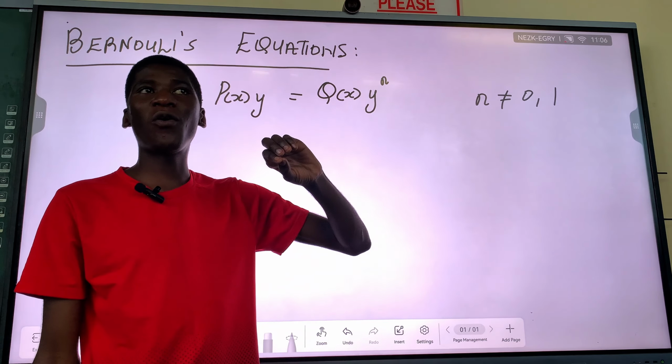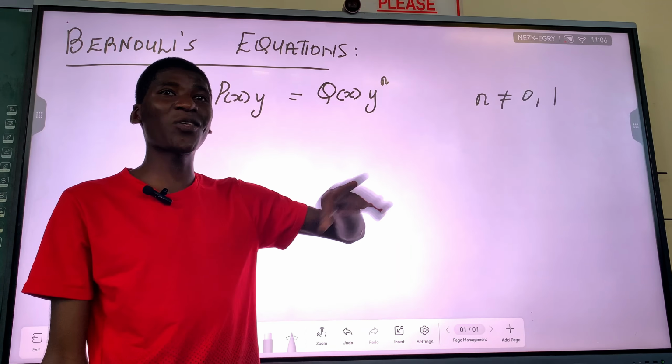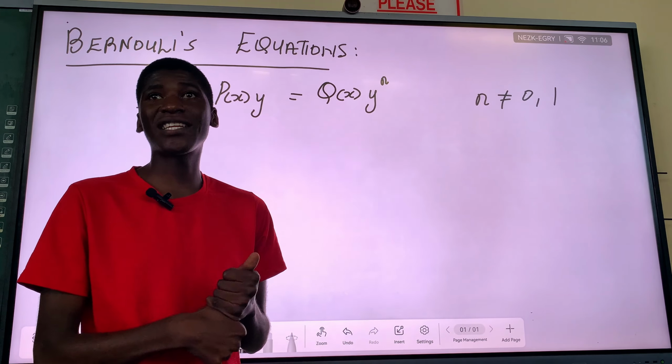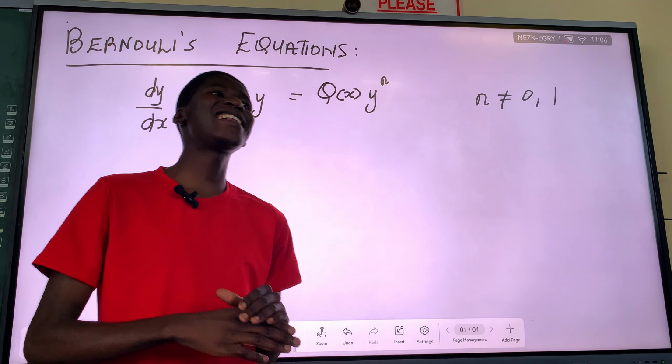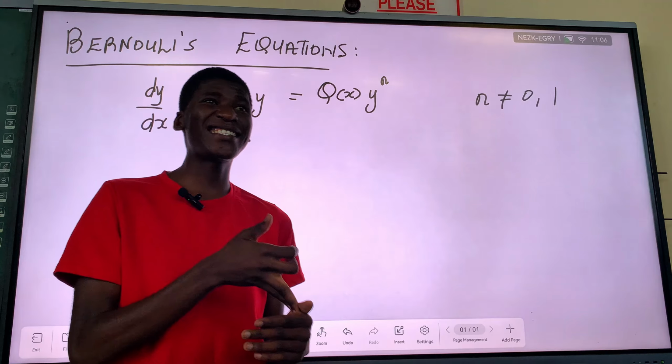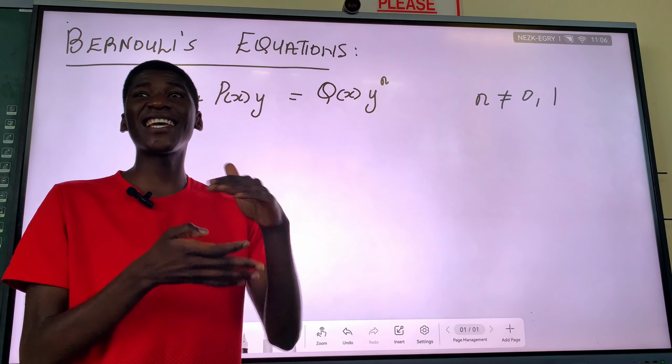If the exponent of any y variable is 0 or 1, it is a linear first order differential equation. We solve it the standard way: you find the integrating factor, you multiply by the integrating factor, you integrate and you get the answer.